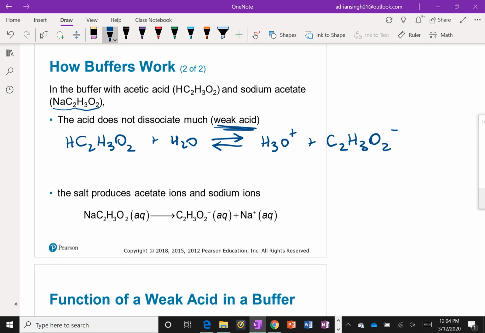All right, because it's weak, it does not dissociate much, so that means we're going to have very small amounts of the products, or we're going to have large amounts, specifically of the undissociated acid to begin with.